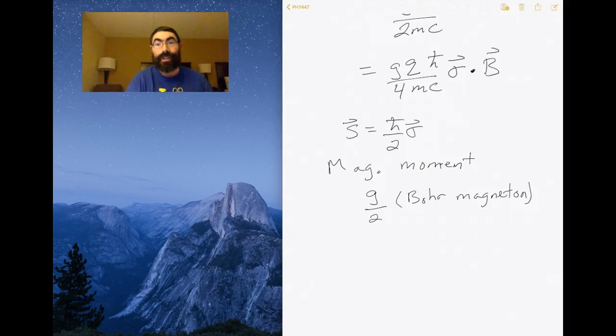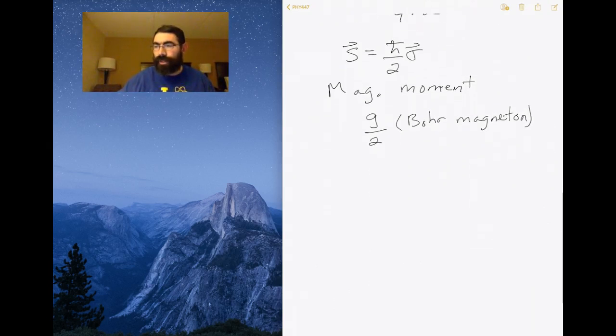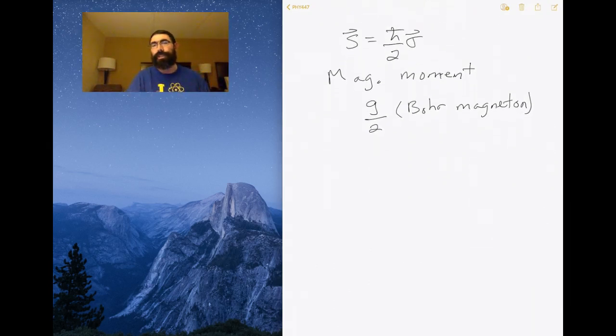Well, it turns out that if we were to treat this problem relativistically, then we would have to use something called the Dirac equation, which we're not going to do in this video. But what the Dirac equation does that something like the non-relativistic Schrodinger equation can't do is basically calculate this G factor.